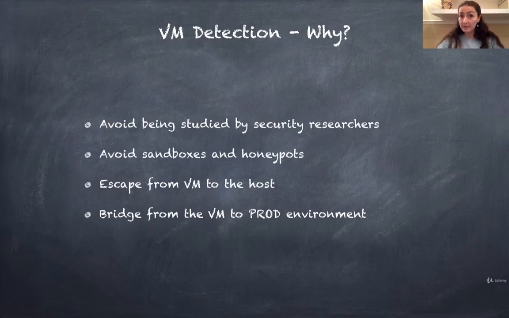To recap briefly, we talked about the ability to run multiple software versions and operating systems, isolation from production network, snapshots, automatic analysis, and collecting indicators of compromise, also known as IOCs. For these reasons, virtual machines are very frequently used by security researchers to analyze unknown samples, so obviously attackers want to avoid being detected.